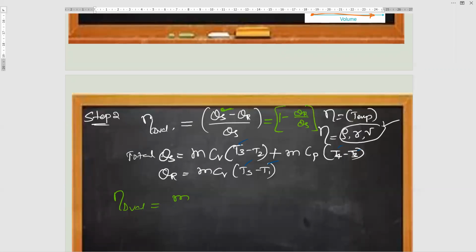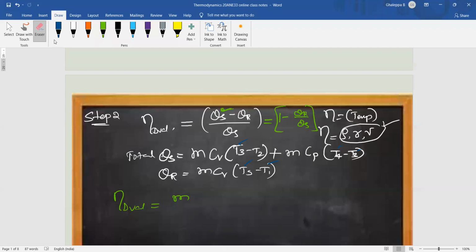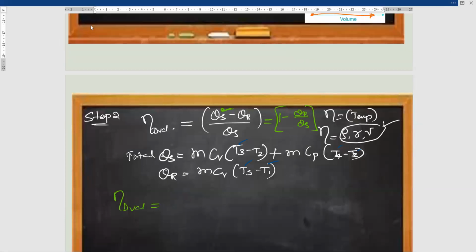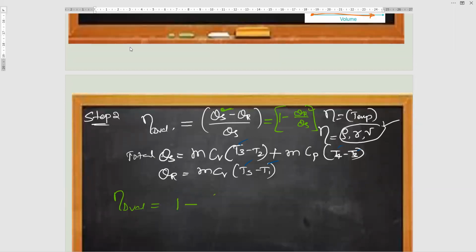1 minus QR by QS. If you take LCM here, 1 minus QR by QS. So I will take 1 minus, what is the equation for QR? You have written here, MCV (T5 minus T1) divided by, what is the heat supplied?